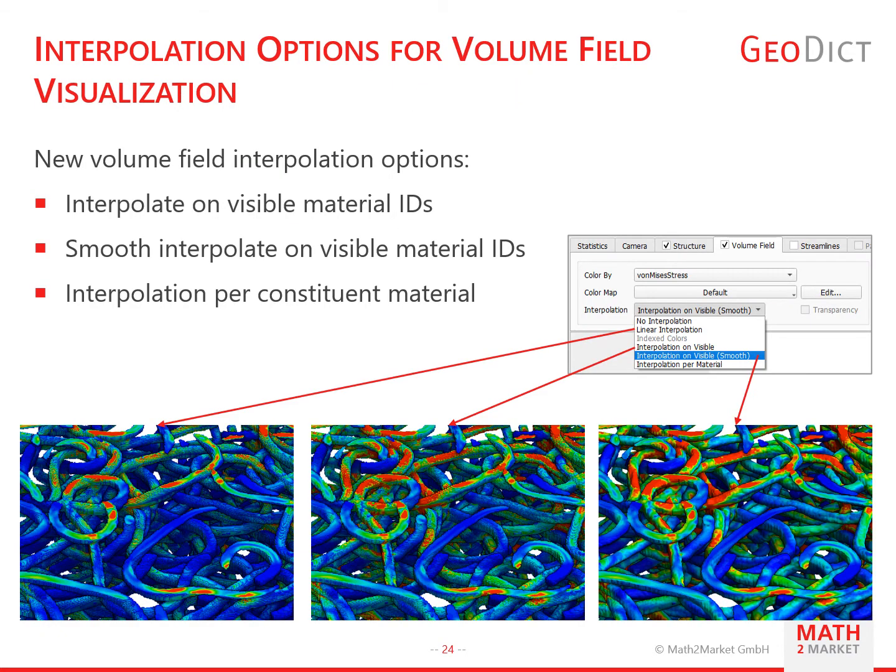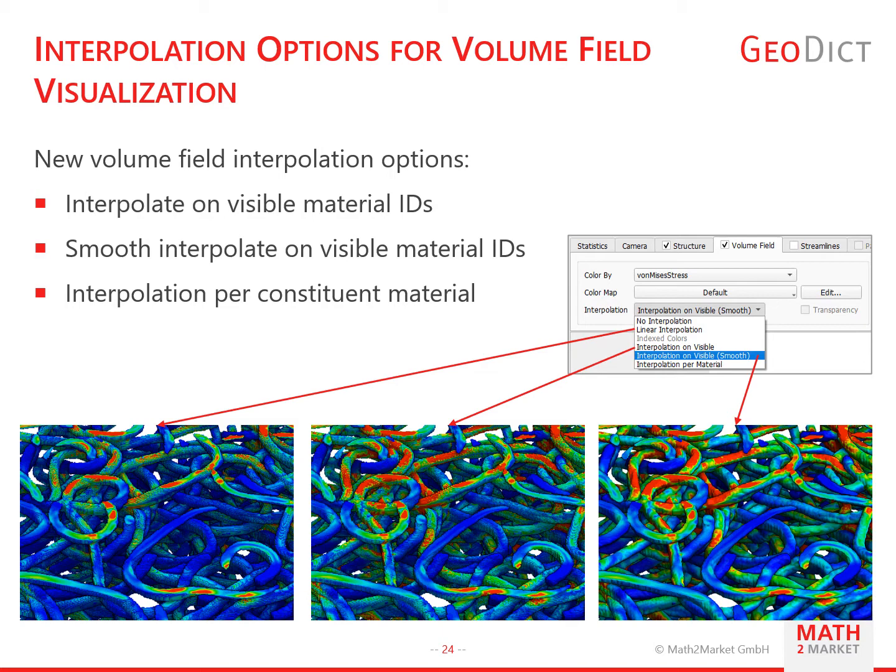In Geodict 2022, we have also improved the visualization. One example is the improved field interpolation. For battery simulations, one has often orders of magnitude lower lithium concentration in the electrolyte compared to the active materials. In this case, one gets a wrong impression of the field values when an interpolation across the material interfaces is done.